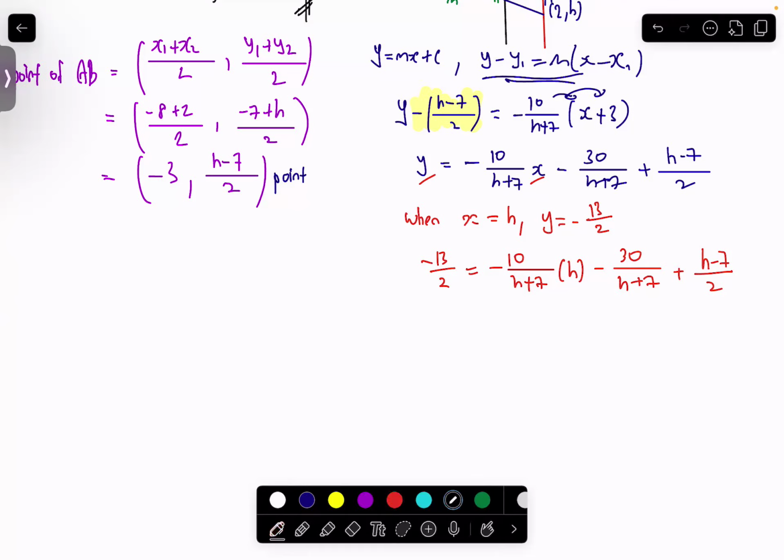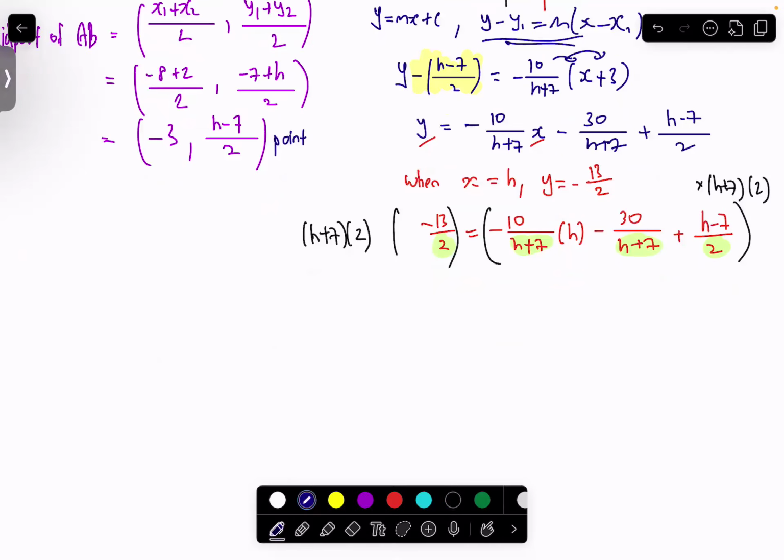So at this step, I look at my denominators. I have a denominator of 2, and I have a denominator of h + 7. If I multiply everything by (h + 7) and by 2, to both sides, I will effectively get rid of all my denominators.